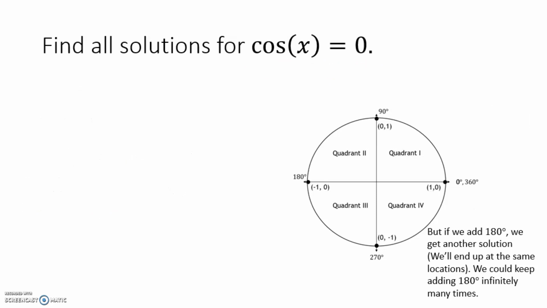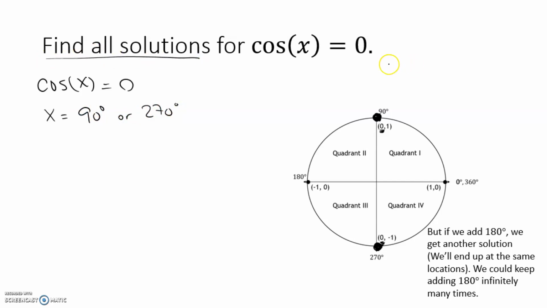If we're looking at cosine of x equal to 0, I'm going to go back to the unit circle, and where's cosine equal to 0? Well, that's right here and right here. So at 90 and at 270. So we could say x is equal to 90 or 270. But notice it said find all solutions, and they don't give me a boundary or an interval.